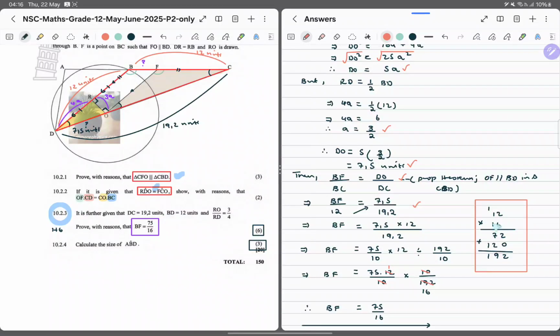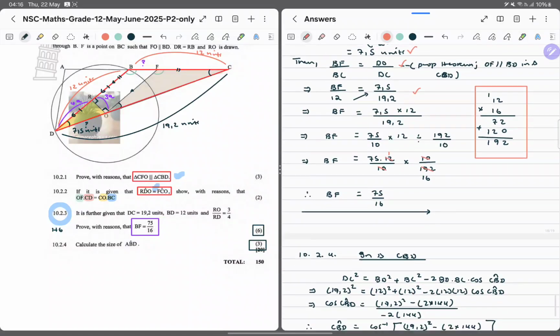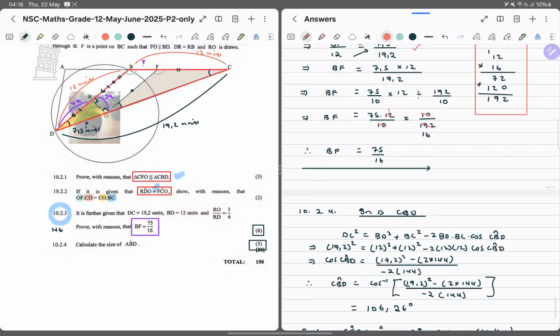I was just trying to showcase some mathematical gymnastics here that you need to understand, so that when you are not using a calculator, especially for a question like this, it can show up in the NBTs. And you may have to deal with it without a calculator. So you should know how to convert from decimals to fractions, and then do the due diligence, and you should be good. Okay, that was 6 marks up there.